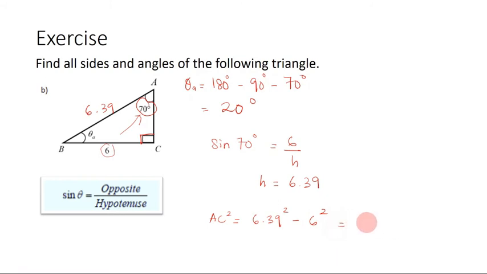So we get 4.83. Therefore, AC is equal to square root of 4.83, or it is equal to 2.20.